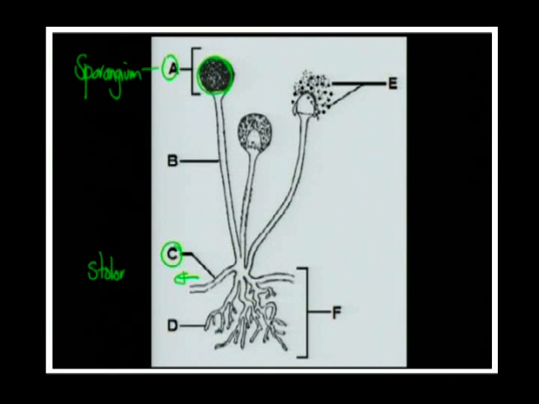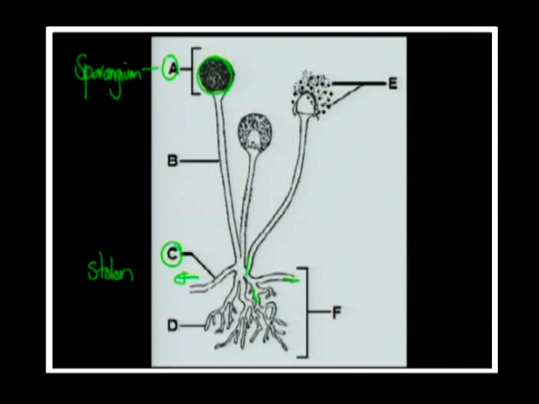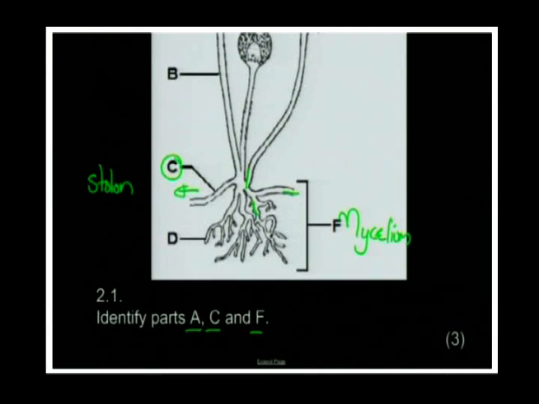Sideways, spreading. That's a stolon. And part F is these and these and these. So what do we call the ones that grow down, grow across, and grow up all together? They are called a mycelium, an important terminology word.